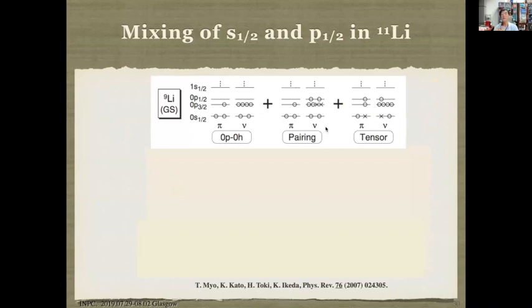Now, this explains my biggest question, lithium-11. So lithium-11 is considered as a lithium-9 core plus 2 neutrons. But this lithium-9 has its own structure with tensor interaction. So now this is the lowest 0 particle 0 hole configuration of lithium-9.